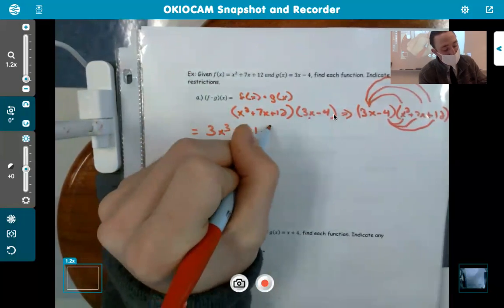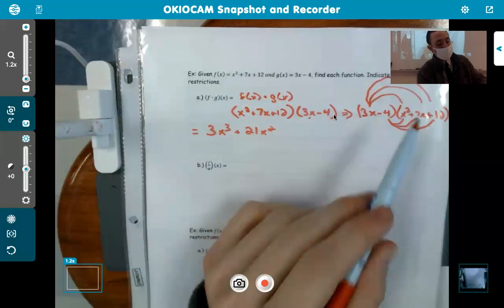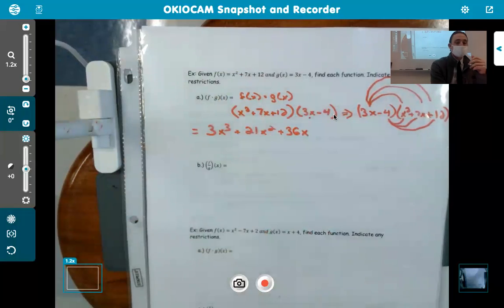X times x gives me x squared. And then 3x times 12 is what's going to give me 36x, right? That x just tags along. Any questions about how I found those first three terms?